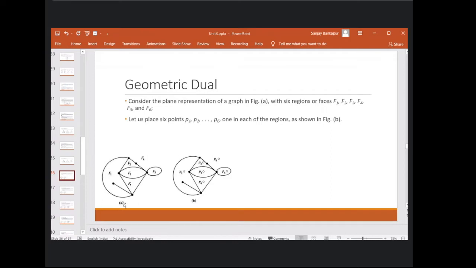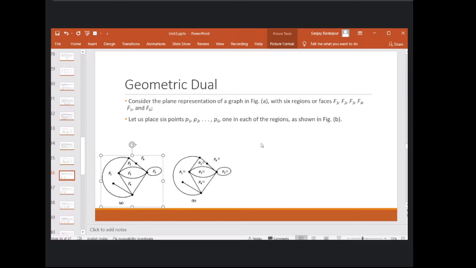I have taken a graph A in this picture. It's a plane representation of a graph. The given graph is a planar graph and has 6 regions or faces, which I have named F1 to F6.